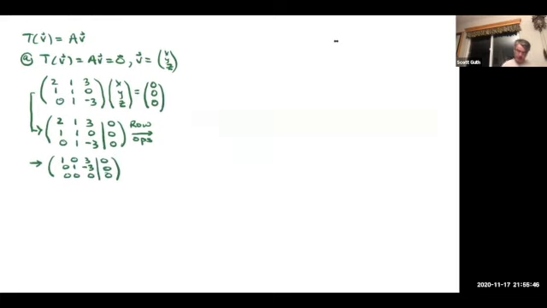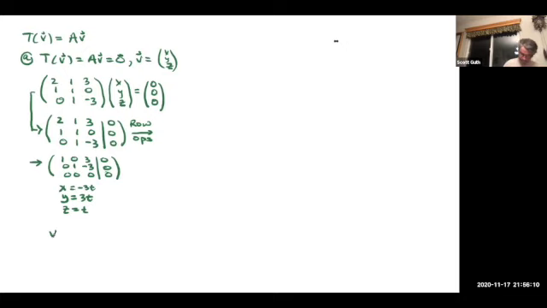Like that. And so we can see that z can be t. y is 3z, so that'll be 3t. And x is negative 3z, so that'll be negative 3t.